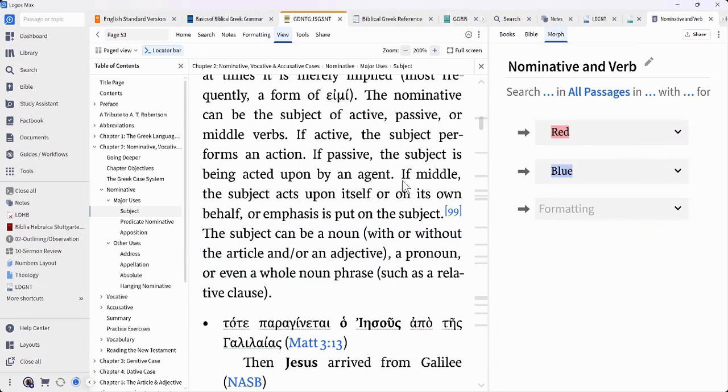I want to talk about the middle. So one of the nuances of the middle voice is that I receive some benefit from the action. Another way to put it is that it really brings out that it acts upon itself or on its own behalf. So that is kind of what that means: there's something I get from it.